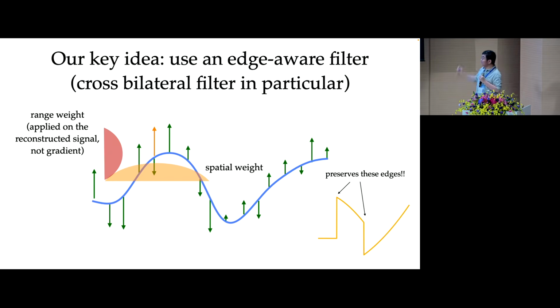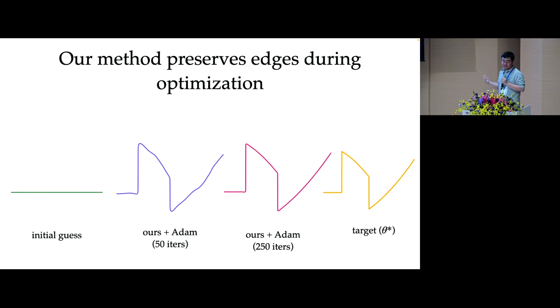The observation is that if you apply this bilateral or cross-bilateral filter, it will preserve these edges, because if there are edges, your bilateral filter will automatically avoid filtering the signal across the edges. Once you do this, our method preserves edges during optimization. Remember, Adam struggles even with 5,000 iterations.